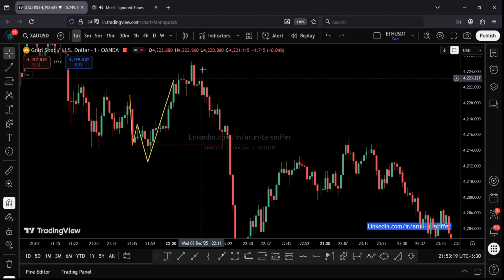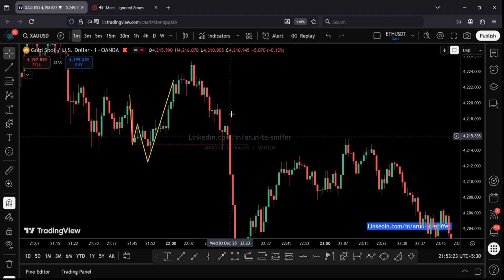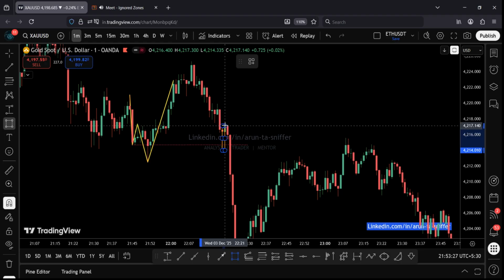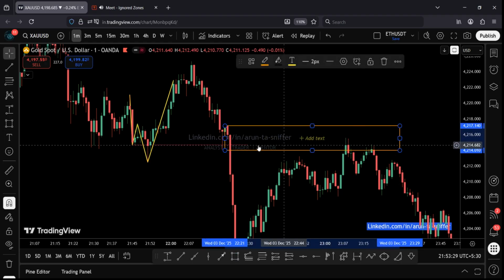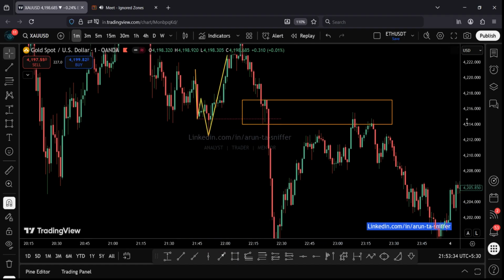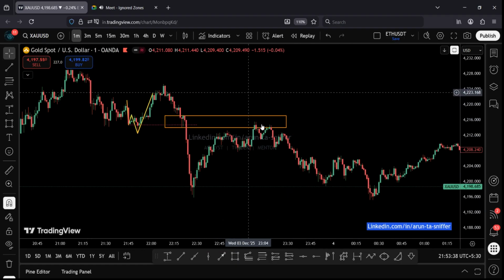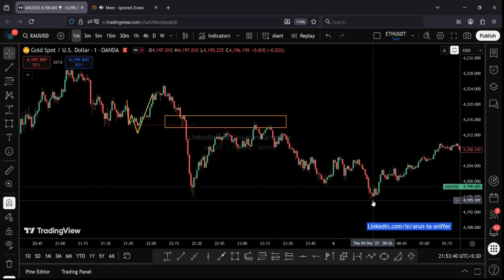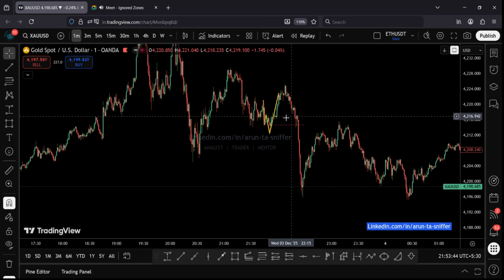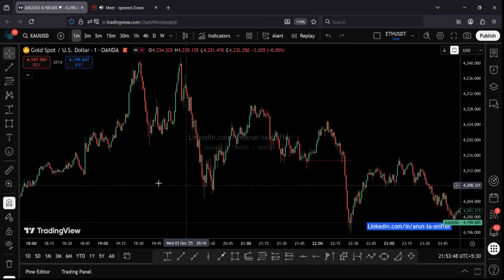What happened when price comes back? This made a swap here, like this, and keeps going down. So when price comes back again to this ignored QM zone, this reacts from here. It comes back. This is an example on the opposite side.